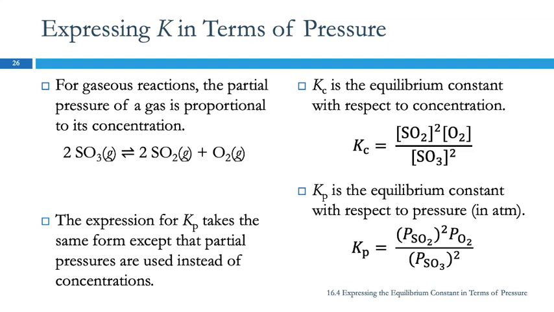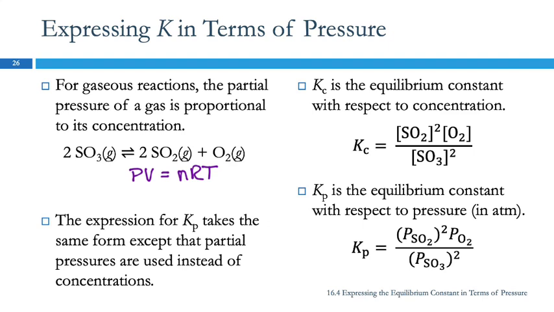Well, in a gas reaction, the partial pressure of a gas is proportional to its concentration. So if we look at the ideal gas law, which, compared to all those kinetics equations, this should look like an old friend, right? PV equals nRT.